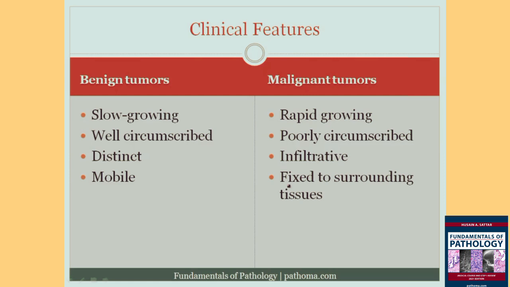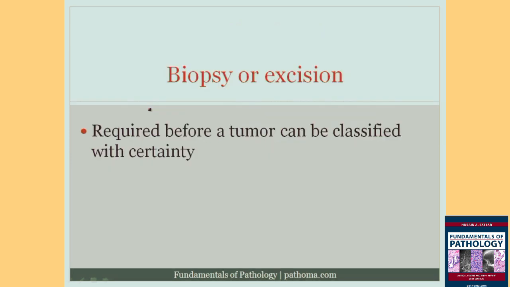It should be noted, however, that sometimes a benign tumor can have malignant characteristics, and sometimes a malignant tumor can have benign characteristics. And so these clinical features are simply screening tests. The only way to make an absolute diagnosis of cancer is biopsy or excision. Otherwise stated, it's the pathologist who makes the final determination of cancer.